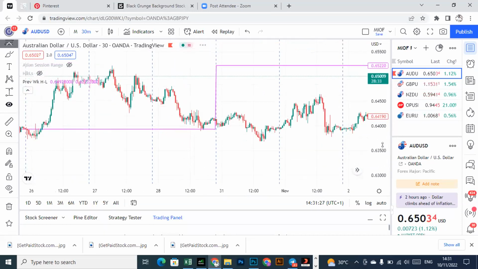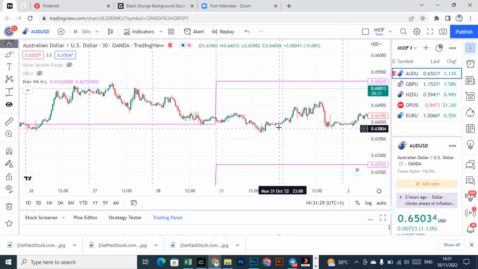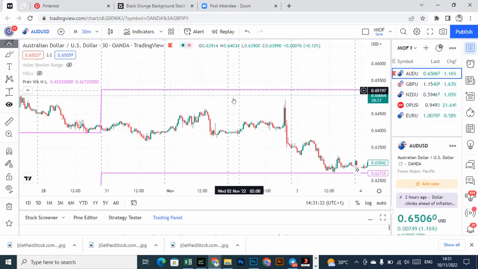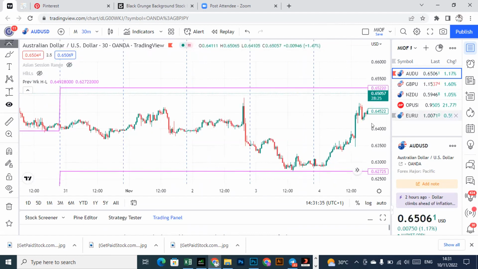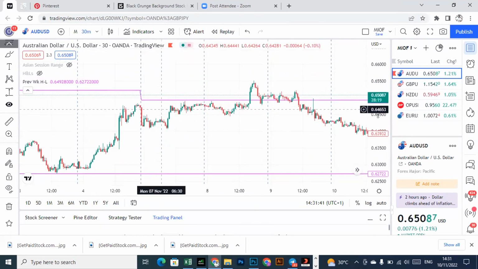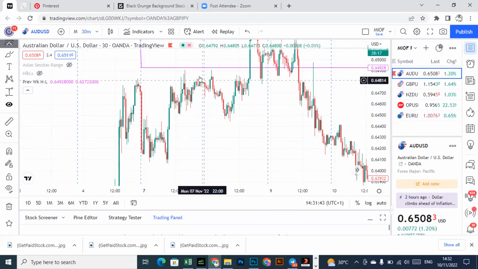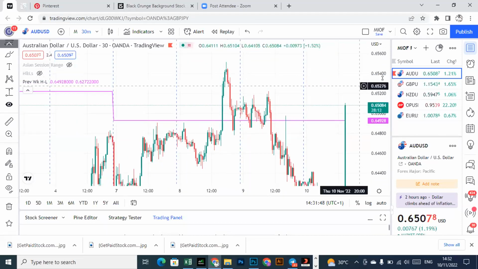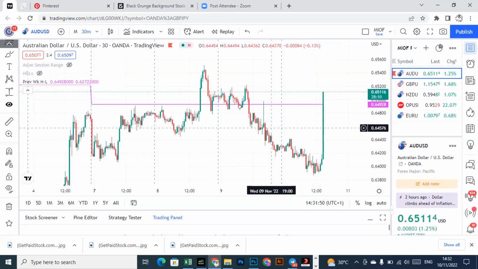So yeah, we're still looking to sell after this weekly I am taking. Okay, so this day, no entry, no entry, no entry. Yeah, almost here, but no entry. Let's see.